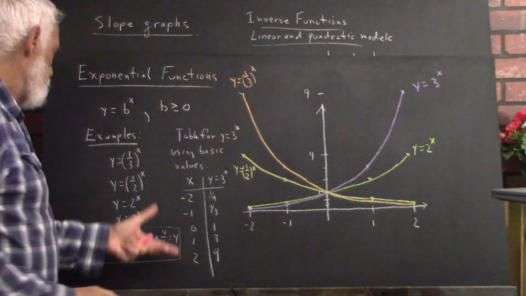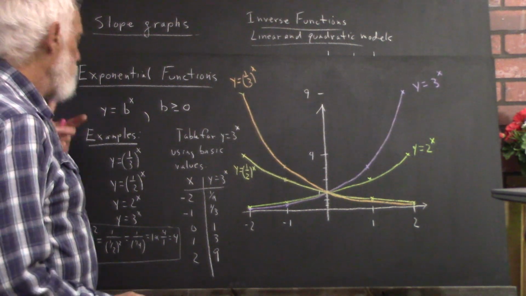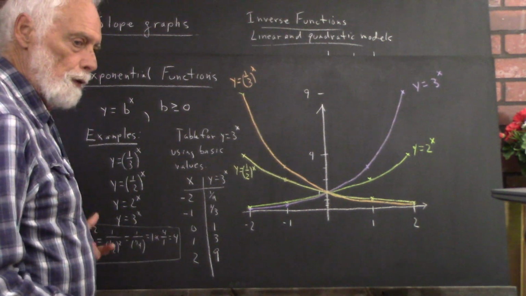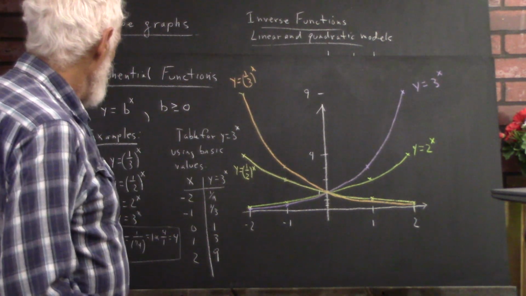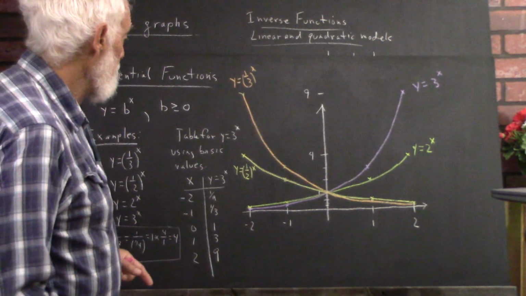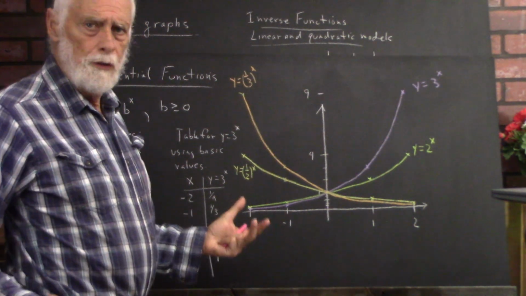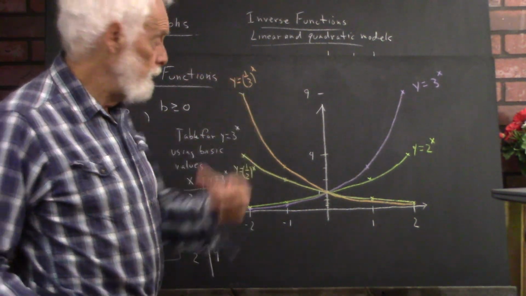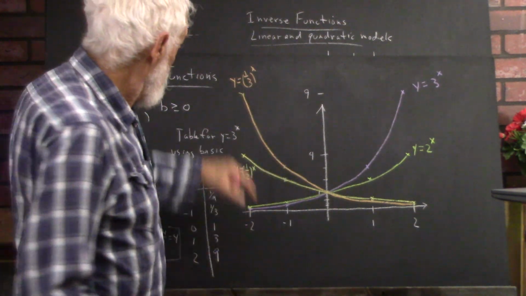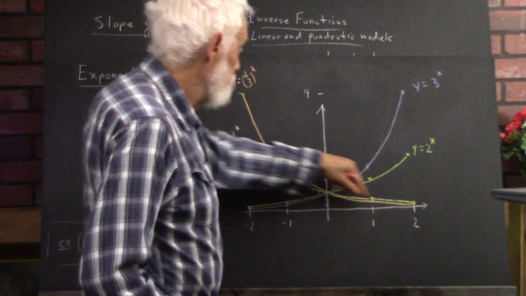And imitating this example, you could do 1/2 to the -1, 1/3 to the -2, 1/3 to the -1. The positive powers of 1/3 and 1/2 should be pretty obvious. And when we calculate those and do the table, and if you can't do it in your head, write it out. The graph of y equals 1/2 to the x is going to be here.